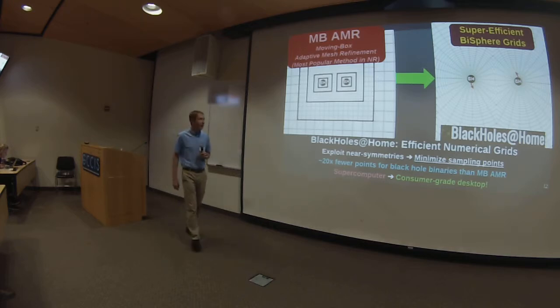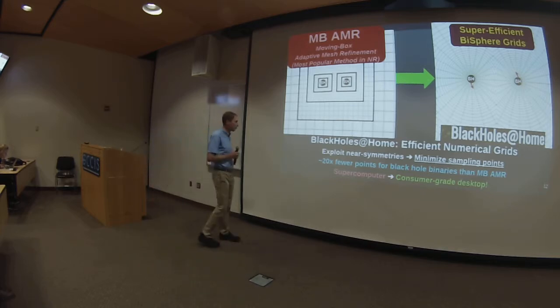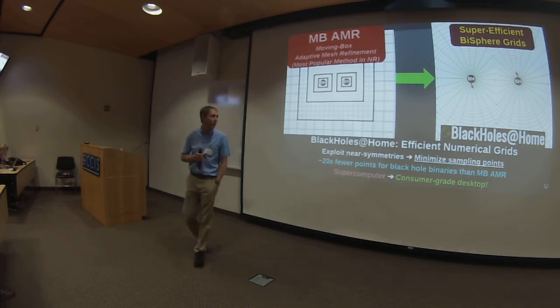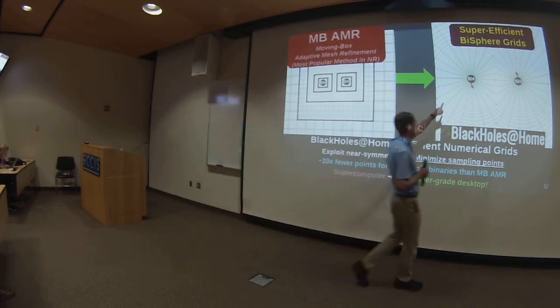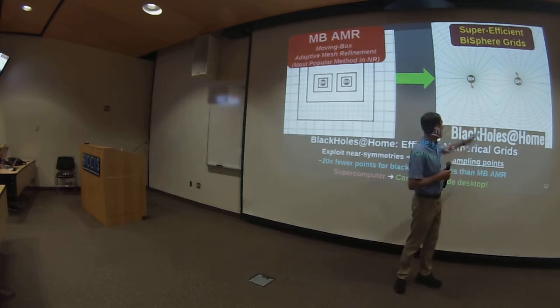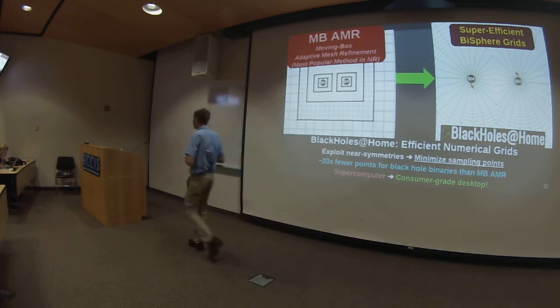So the secret behind black holes at home, the secret sauce, is numerical grids that are custom-tailored for the problem at hand. We use what we call bispherical grids. We have 2 overlapping spherical domains, and we perform interpolations in between so that information can propagate from one spherical grid to the other and vice versa.